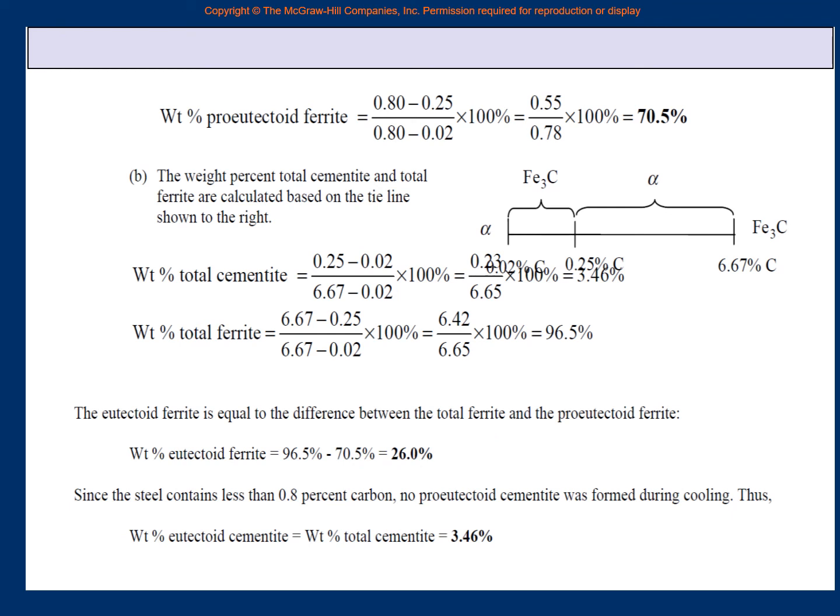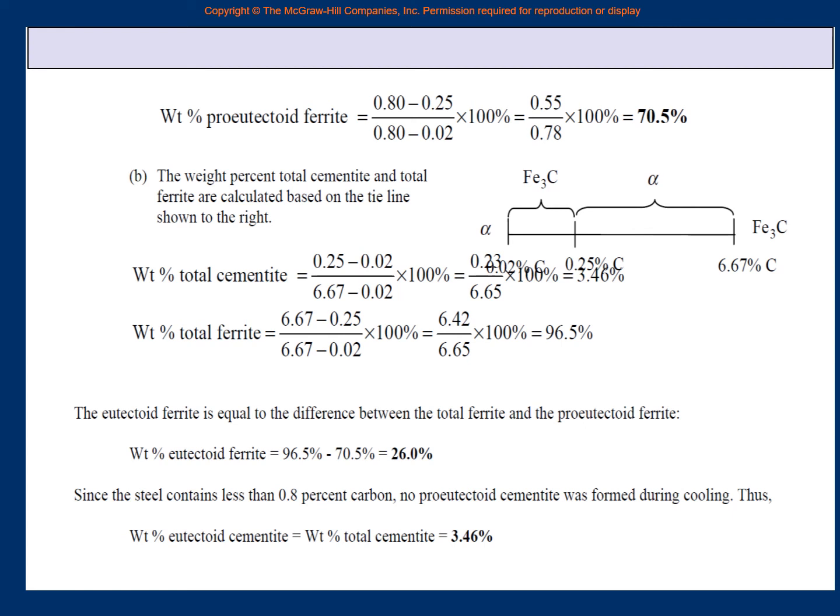Numerically, whatever may be your answer and my answer in one decimal place can be different, but otherwise they can't be different, because here you don't have to read from the, you see, if it was some other place, then you will have to cut the solidus or liquidus line and draw another vertical line and read roughly that it is 6.5 or 6.4. Here the points are 100% clear.